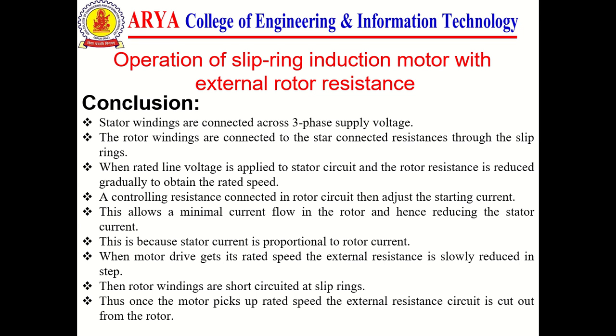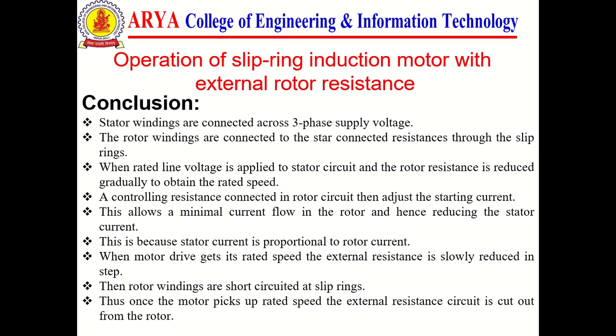A controlling resistance connected in the rotor circuit adjusts the starting currents. This allows a minimal current flow in the rotor as well as the stator, hence reducing the stator current. This is because stator current is proportional to the rotor current.